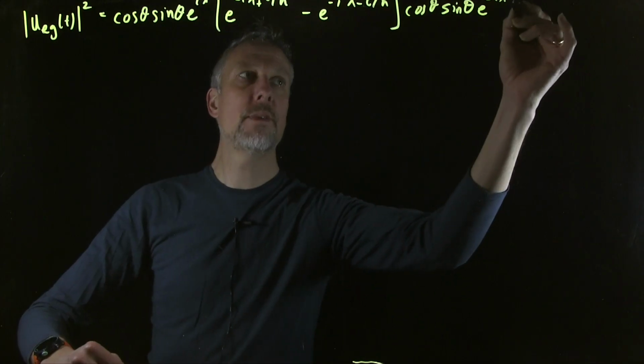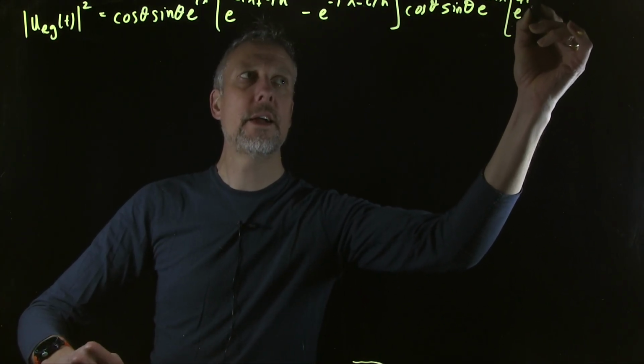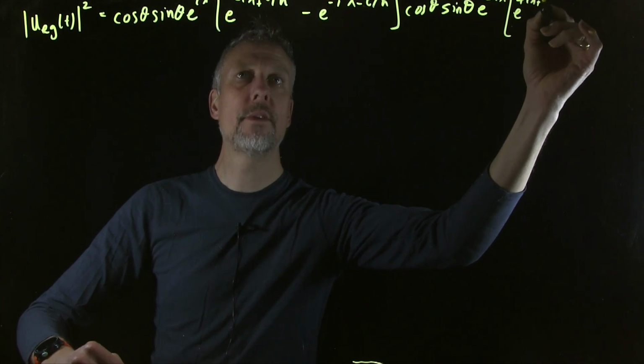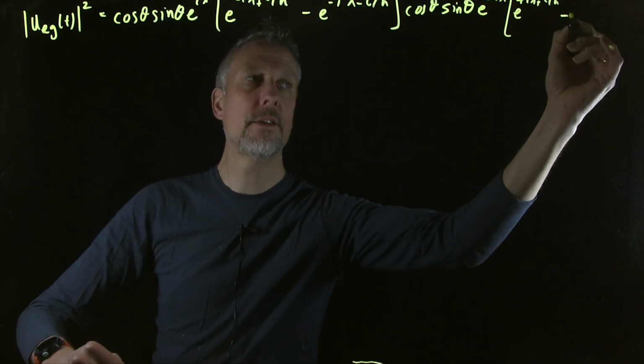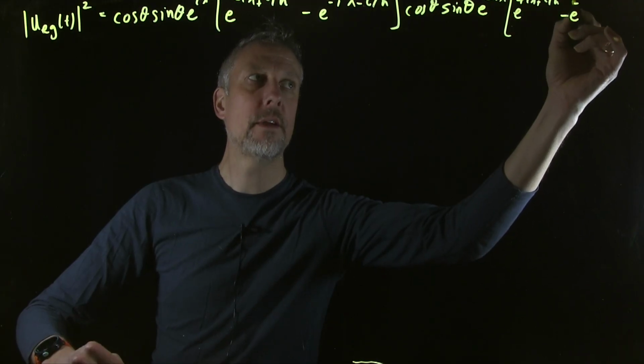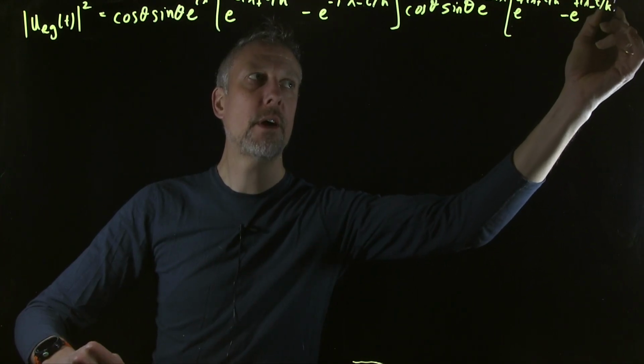And then the last bit with the exponential: e to the plus I lambda plus t over h bar minus, that doesn't change, the sign up here does, so we have plus I lambda minus t over h bar.